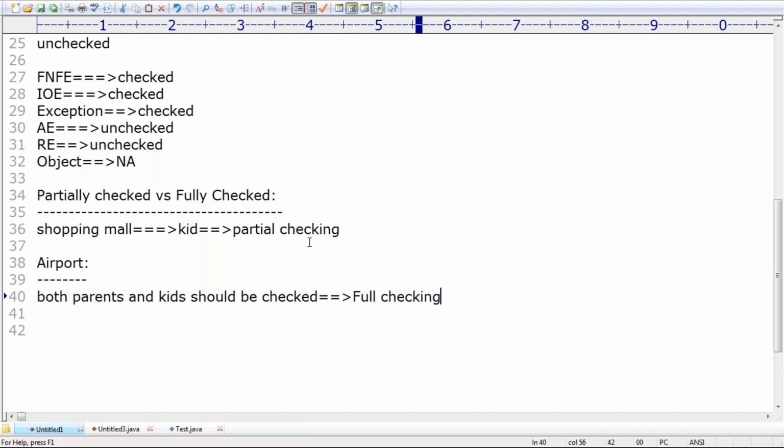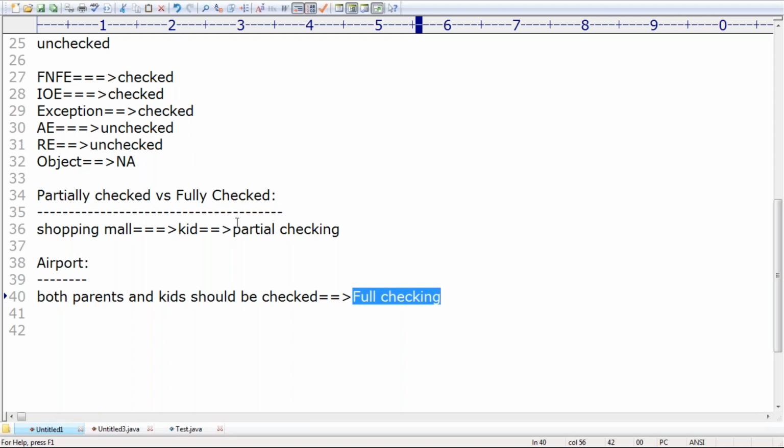So the important conclusion you people should be aware of: if the parent is checked and the child is also checked, such type of checking is by default considered fully checked. Such type of exception is said to be a fully checked exception.